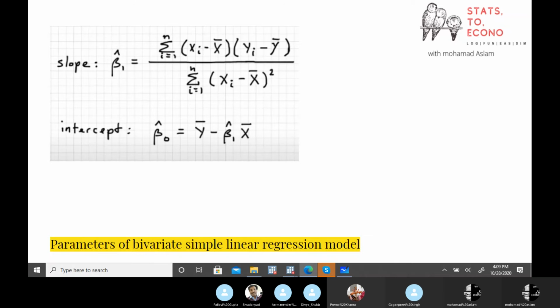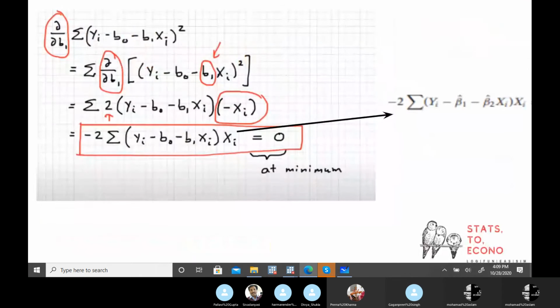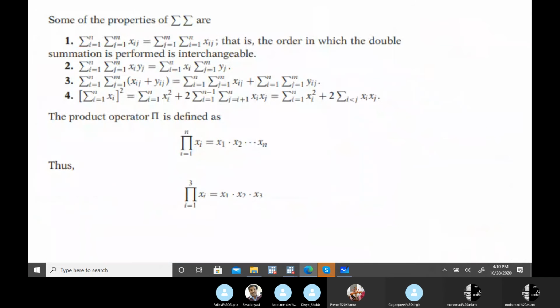So tomorrow I'll take these assumptions in detail one by one, because those are very crucial, and 3 or 4 assumptions we are going to study in detail, that is multicollinearity, heteroscedasticity, and autocorrelation. That's the important part. But if any of you have doubt in the derivation, you can go through the textbooks. These derivations you can easily find.